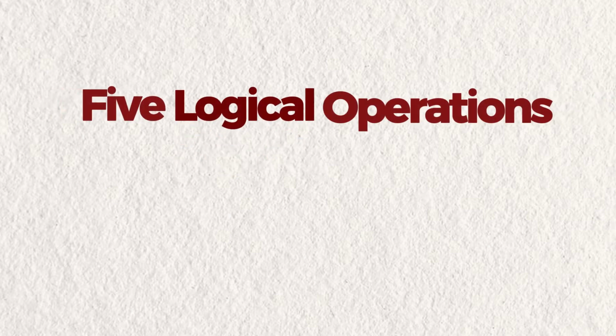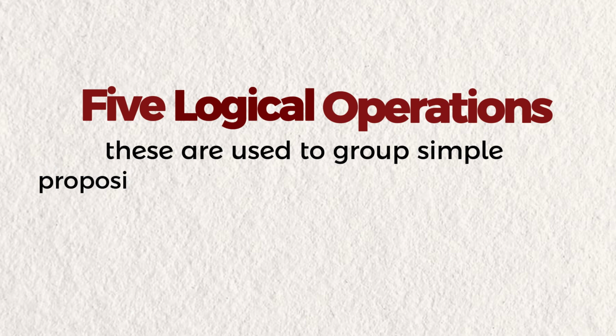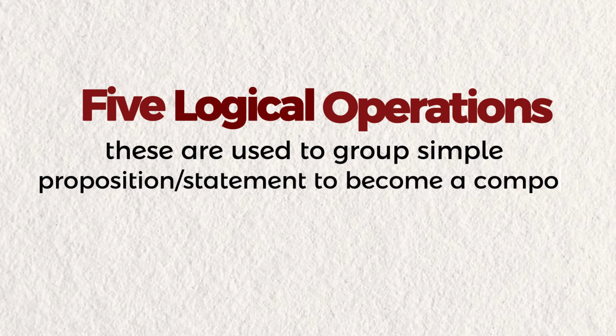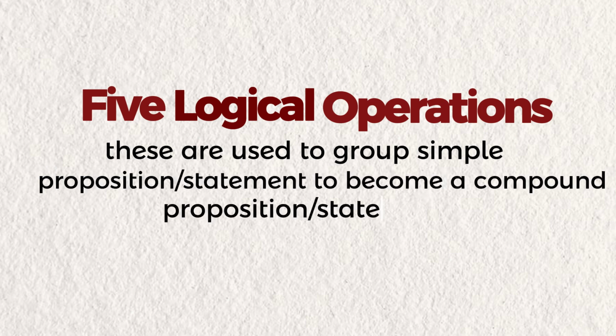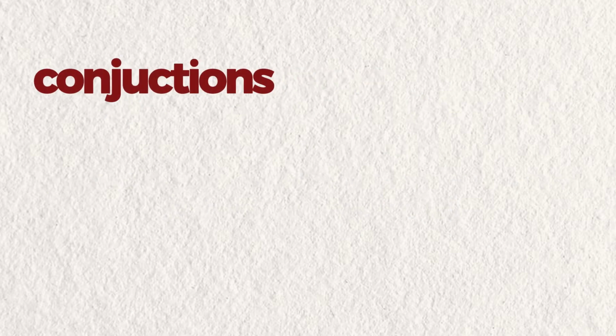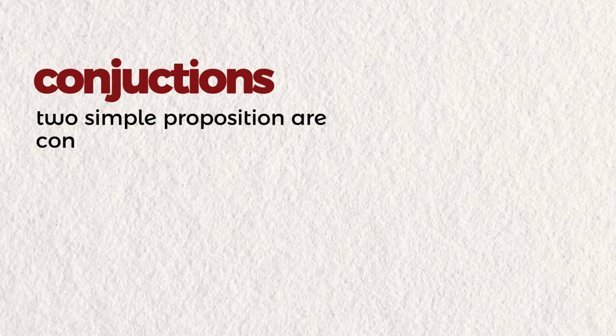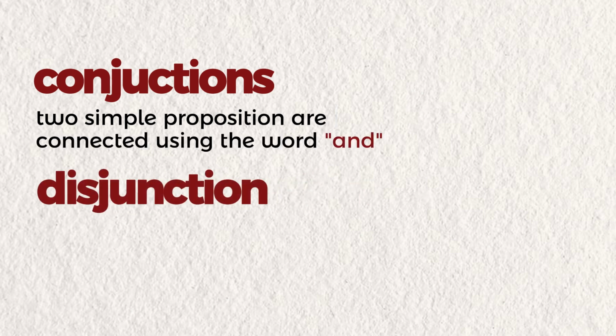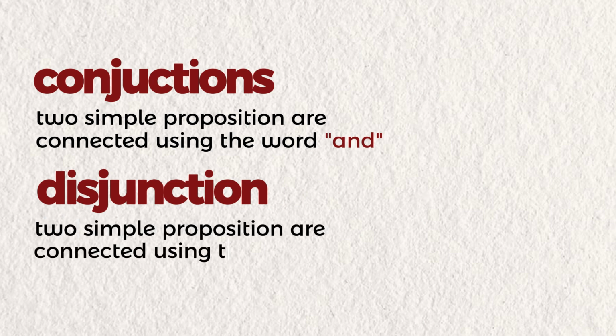Now, let's proceed to the 5 logical operations. These are used to group simple propositions or statements to become a compound proposition or statement. 1. Conjunction. Two simple propositions are connected using the word and. 2. Disjunction. Two simple propositions are connected using the word or. 3.